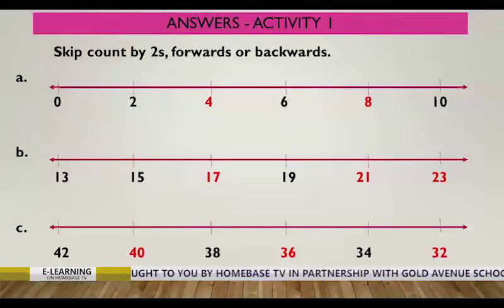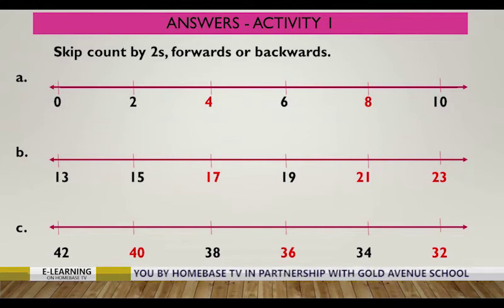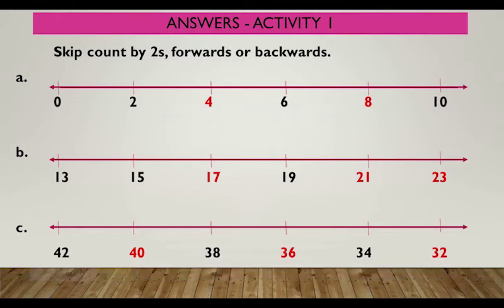Forward. Now for C, we have 42, 40, 38, 36, 34, and 32. This one as well is skip counting by 2 backwards. Skip count by twos backwards.